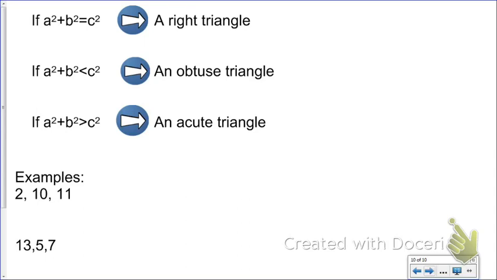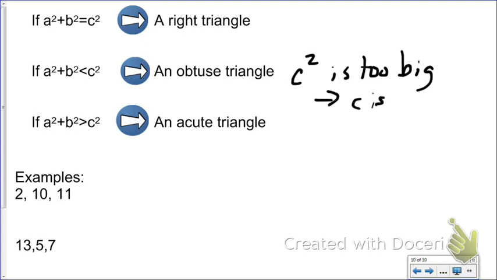If c squared is larger than a squared plus b squared, so one way I always think of obtuse triangles is that the c is too big. So if the c squared is too big, that means that the c is too big.